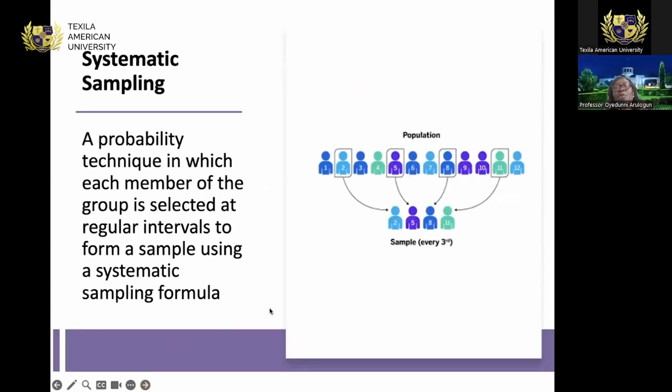The next one is systematic sampling. And systematic sampling is a probability technique in which every member of the group is selected at regular intervals to form a sample. So it can be either every third person, or every fifth person. There is a formula for calculating the interval for systematic sampling.